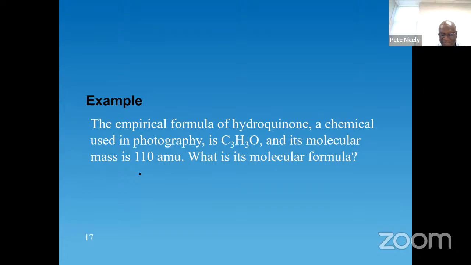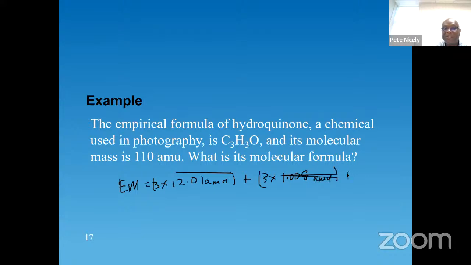So the empirical mass would be equal to 3 times 12.01 AMU plus 3 times 1.008 AMU plus 16.00 AMU.